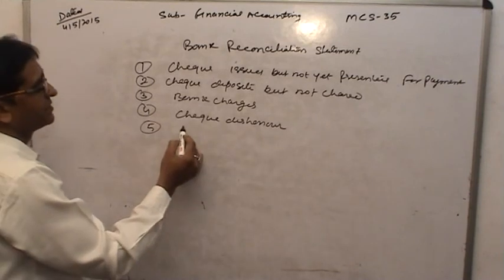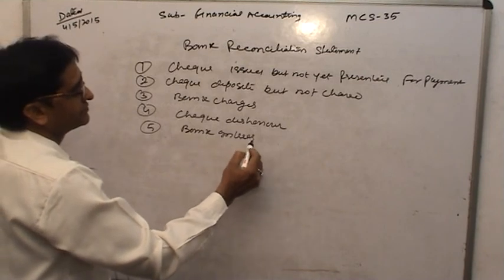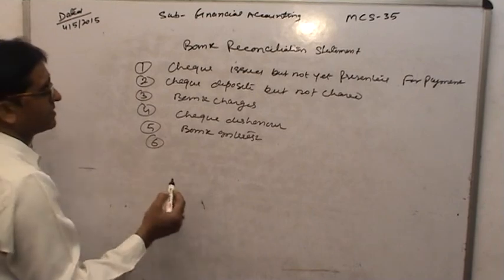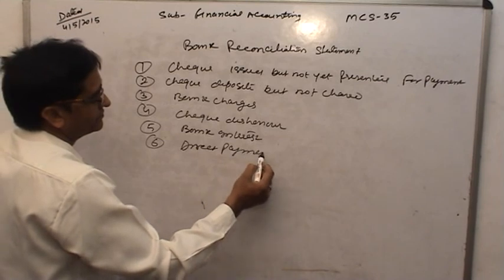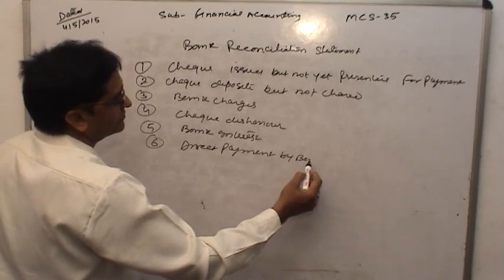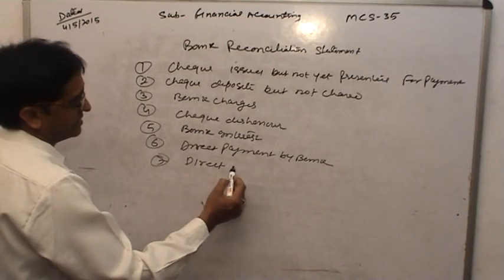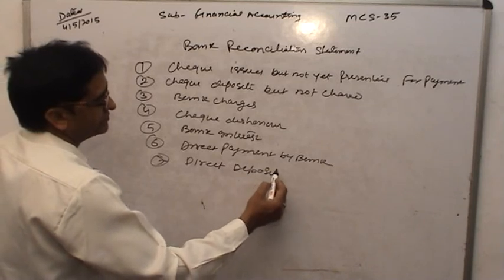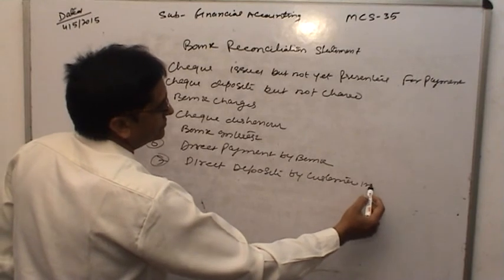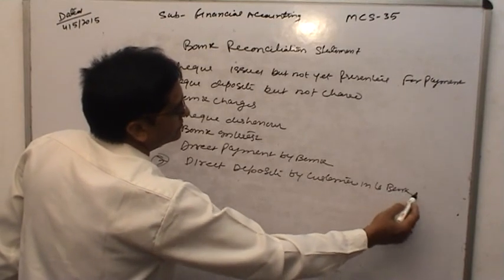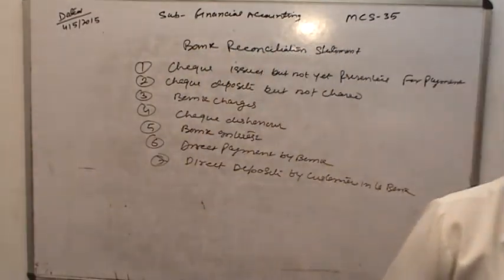And fifth is bank interest. Sixth, direct payment by bank. And seventh is direct deposit by customer into bank. And these are the 7 reasons by which the balance of cash book and passbook is not tallied.